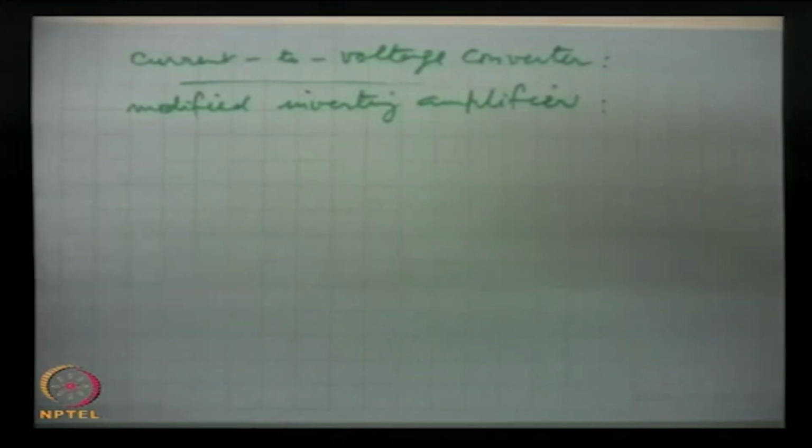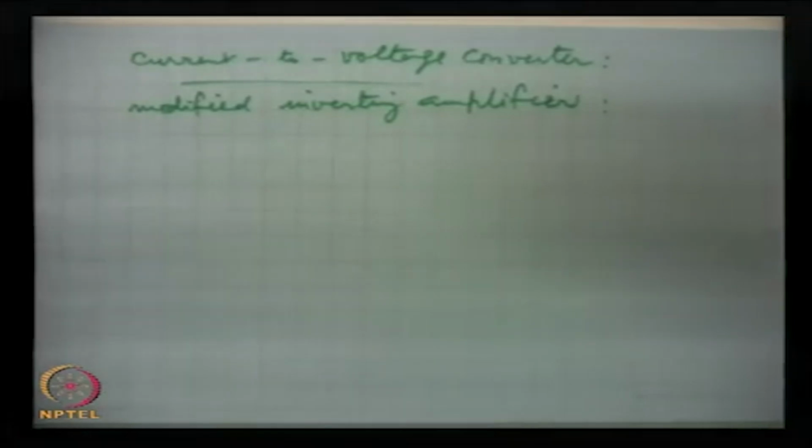For example, in photosensitive devices, photodiodes, the currents are available which will be varying with intensity or whatever it is. So, those currents have to be converted into voltage format for further processing, and so a current to voltage converter will be a requirement.